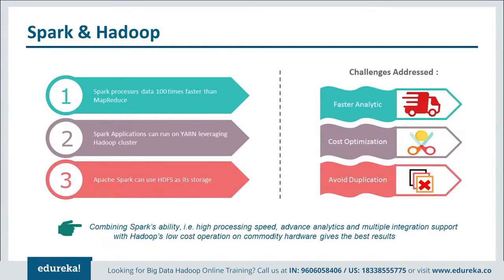And this will help us cut our cost a lot, hence the cost optimization. The third point is that Apache Spark can use HDFS as storage, so you don't need a different storage space for Apache Spark. It can operate on HDFS itself, so you don't have to copy the same file again, and if you want to process it with Spark, you can avoid duplication of files.